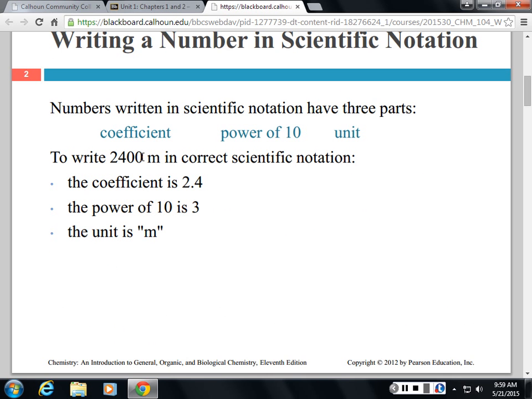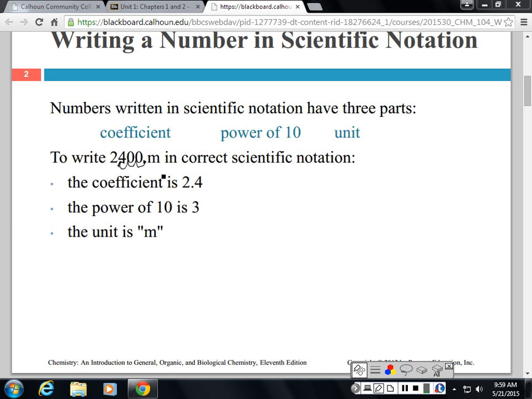So if we were going to look at this number and put it into scientific notation, we have to move our decimal to the left. Bear with me a second, I'm going to get the pen. So I always go to the very end right there and pretend there's a decimal. 1, 2, 3. I had to move it over 3 places to get that decimal right past the first non-zero digit.